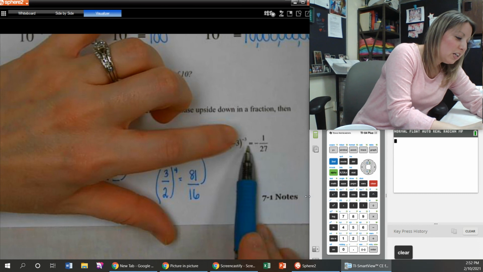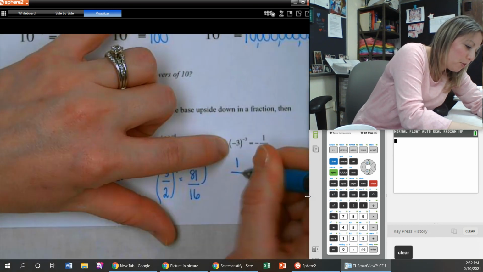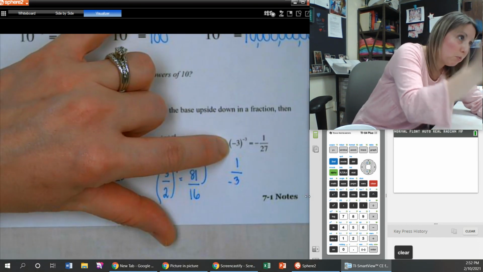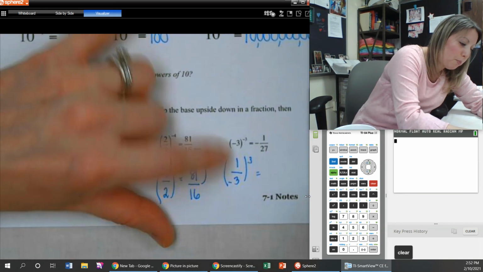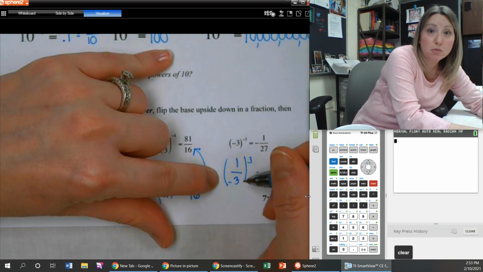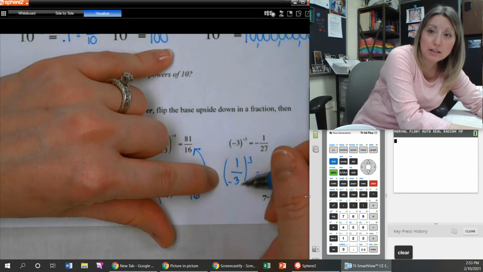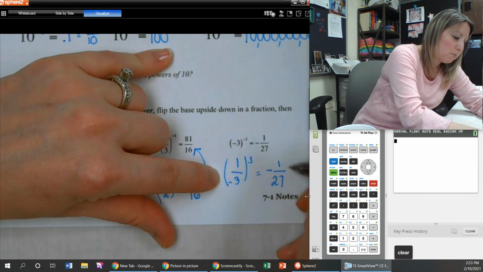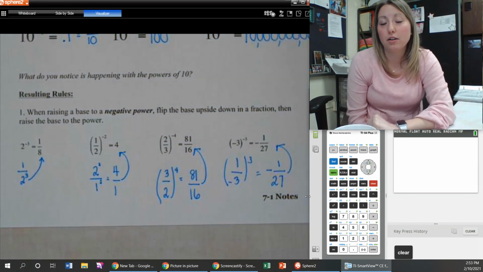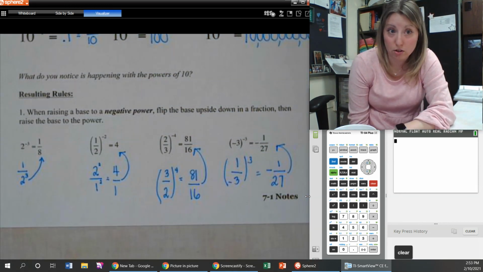So here it is still a flip of the base, and then we're raising it to the 3rd power. Okay, so I did still do the flip of the base. Negative 3 times negative 3 is positive 9. Positive 9 times negative 3 is the negative 27 for the bottom here. So negative 1/27th would be my answer.